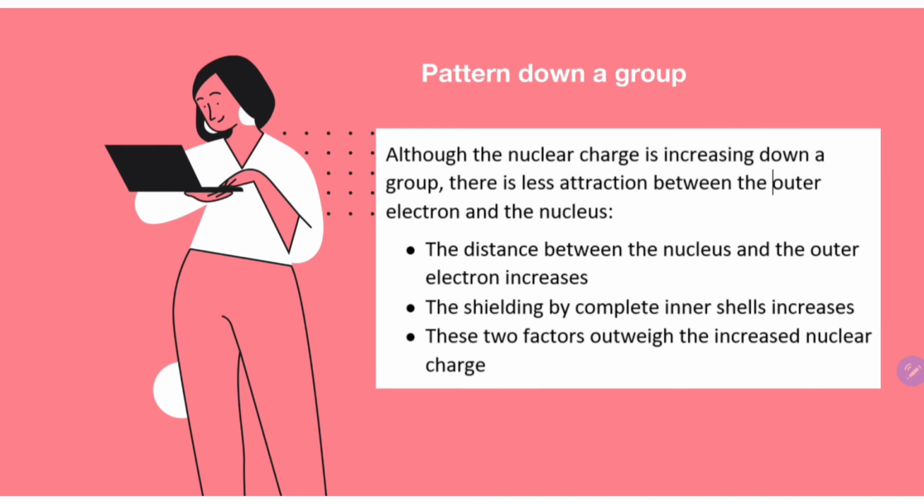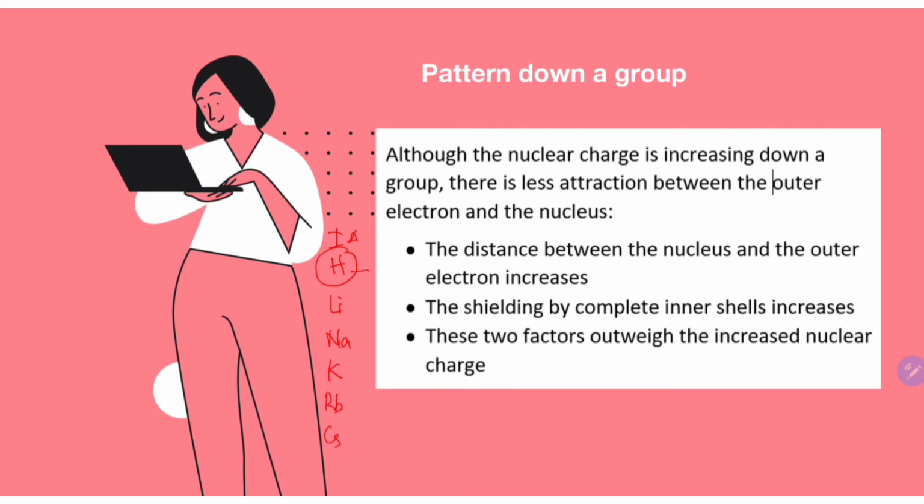How about the pattern down the group? Let's say we have group 1A or group 1: hydrogen, lithium, sodium, potassium, rubidium, and cesium.